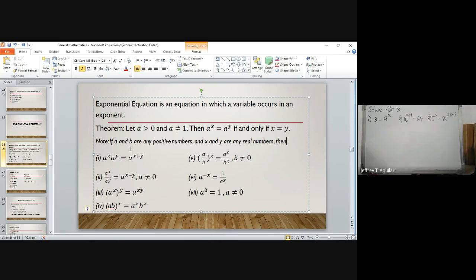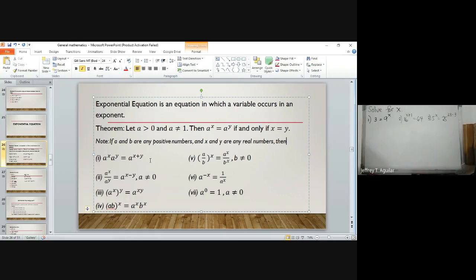Note, if a and b are any positive numbers and x and y are any real numbers, take note x and y here are our exponents. And when we say real numbers, it could be a negative number, it could be a positive number. Then we have 7 properties of the exponential equation to be followed.